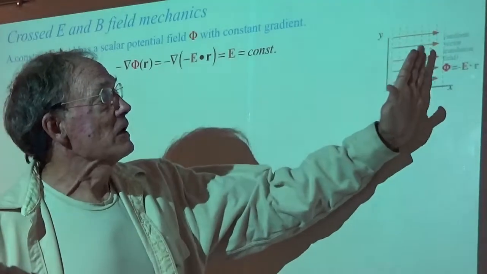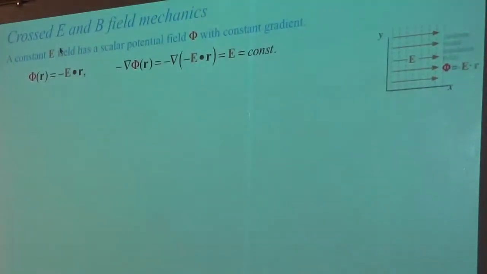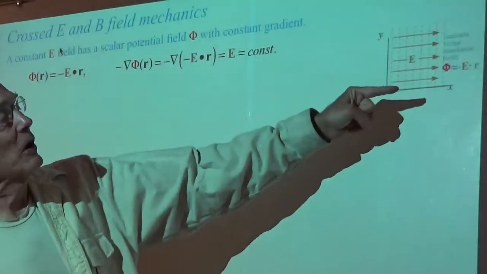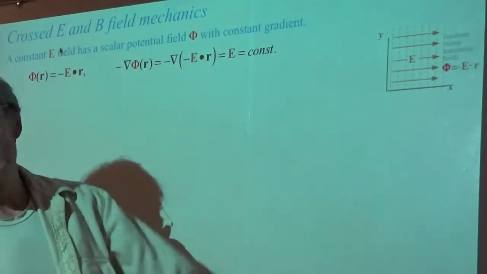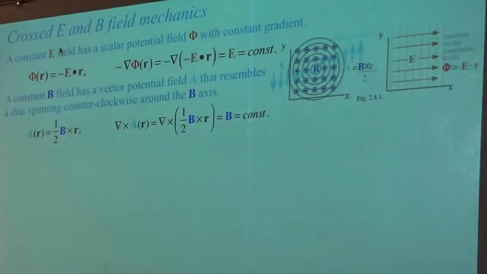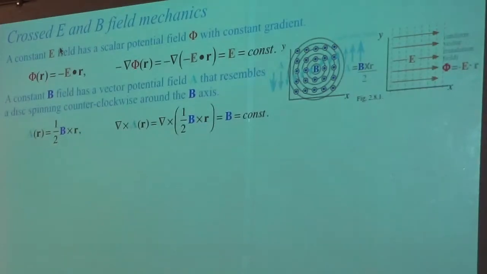So the potential lines for constant field, remember our complex variable, two-dimensional, look at that. There it is. You have a Cartesian coordinate system made out of the streamlines and the equipotentials. Okay? That was for F equal a constant in the complex variable section we did before. Now, constant B field has a vector potential field that resembles a rigid rotor.